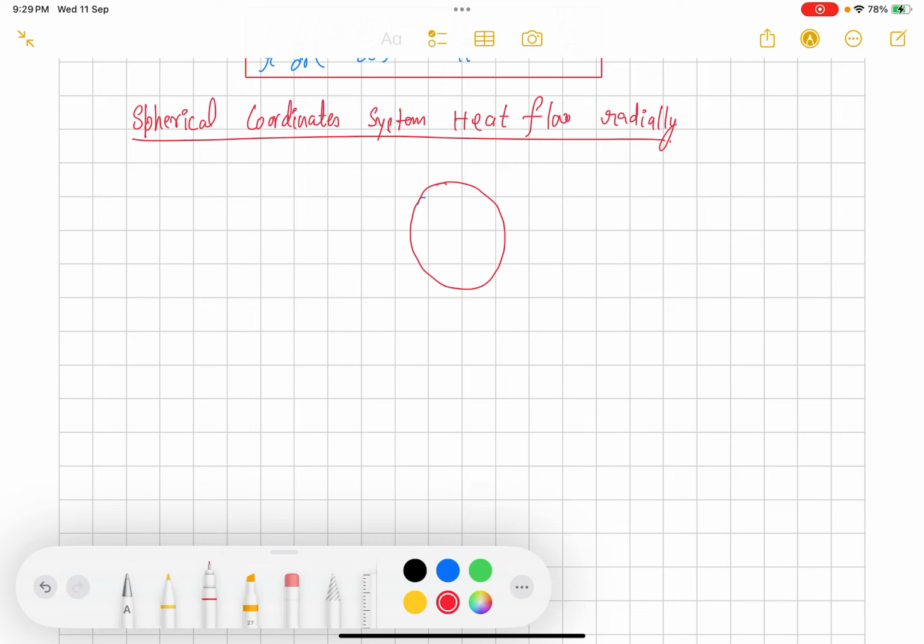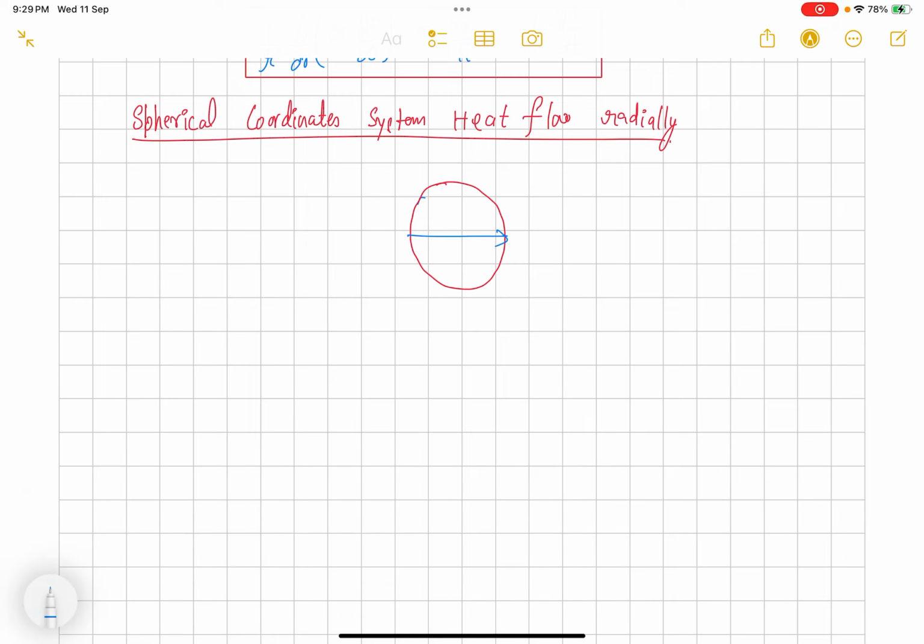So we consider this as the two-dimensional view of the sphere, and heat is flowing in the radial direction because of the temperature difference in the sphere in the radial direction. Since there is a heat flow in the radial direction, it means there must be a temperature difference in the radial direction.